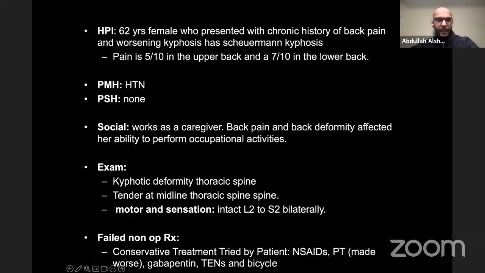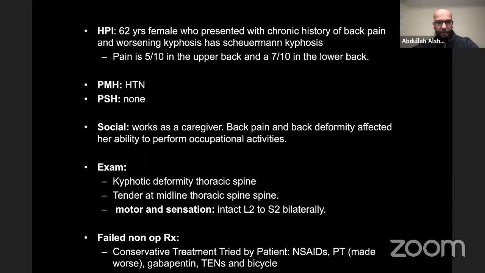All right, so this is a case of a 62-year-old female who presented with chronic back pain and worsening kyphosis. She had the diagnosis of Scheuermann kyphosis. Her pain is 5 out of 10 in the upper back and 7 out of 10 in the lower back. Past medical history, she has hypertension.